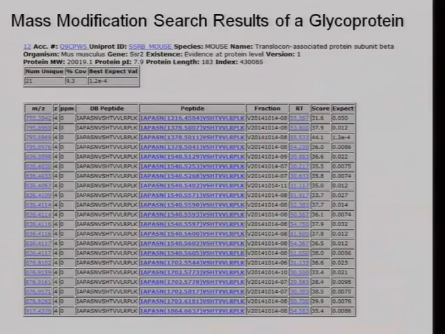Is there a standard nomenclature for what these are called? No. I think most people would use HexNAc and they'd use Hex. It gets a little complicated when you go to the sialic acids, because a lot of people just put SA for sialic acid, which is fine if you're working in humans because they only have one major type of sialic acid.